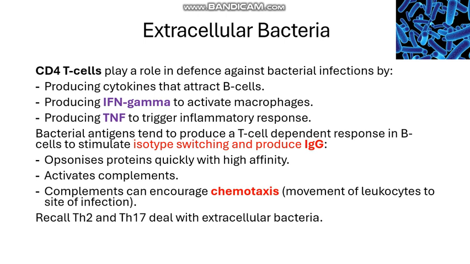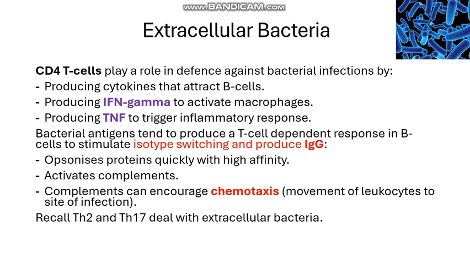These complements can either opsonize the extracellular bacteria, or they can encourage a process called chemotaxis, which is the official word that we use in immunology to describe the movement of leukocytes to a site of infection. Leukocytes just refer to white blood cells, cells of your innate immune system, like our macrophages, our neutrophils, our monocytes, just recruiting them to the site of infection.